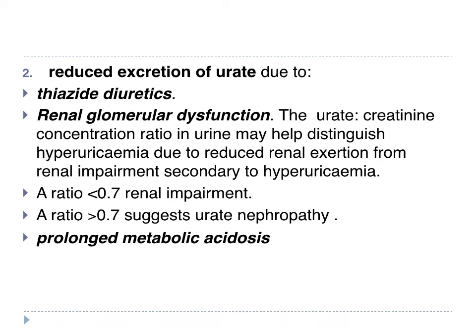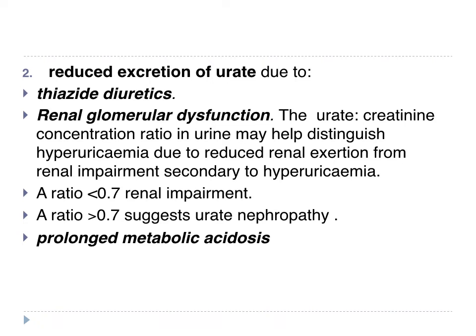Another cause of secondary hyperuricemia is reduction of excretion of urate, and this might be due to thiazide diuretics or other drugs, or renal glomerular dysfunction. The urate to creatinine concentration ratio in urine may help distinguish hyperuricemia due to reduced renal excretion from renal impairment secondary to hyperuricemia.